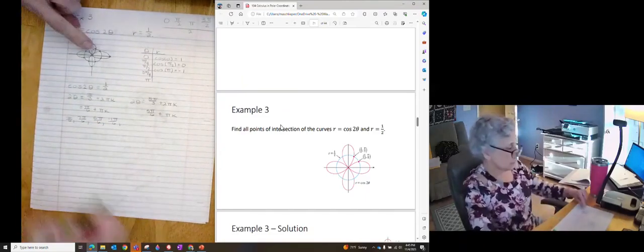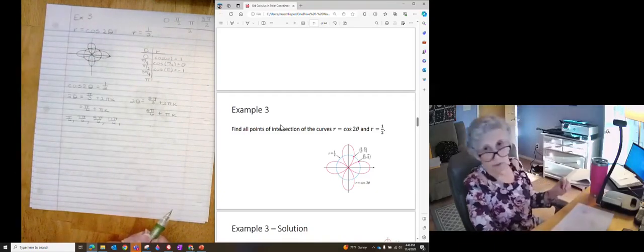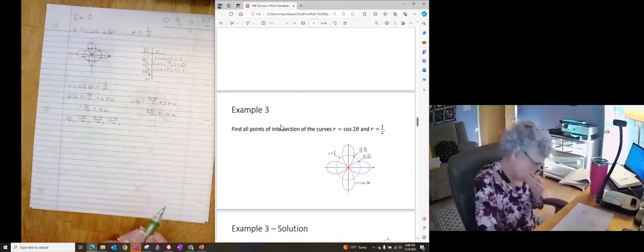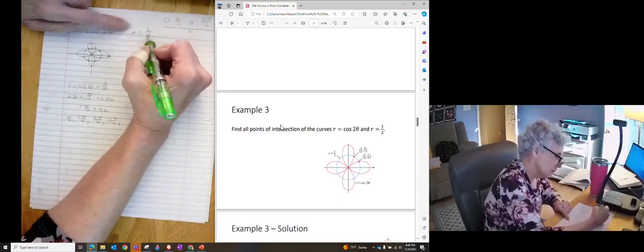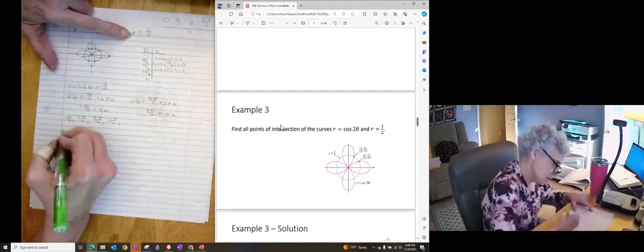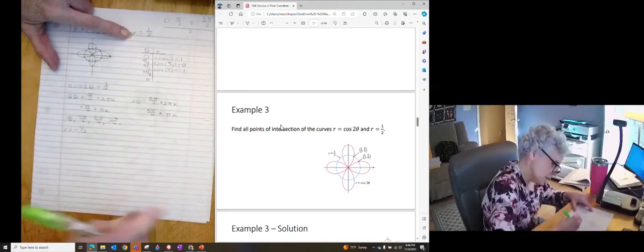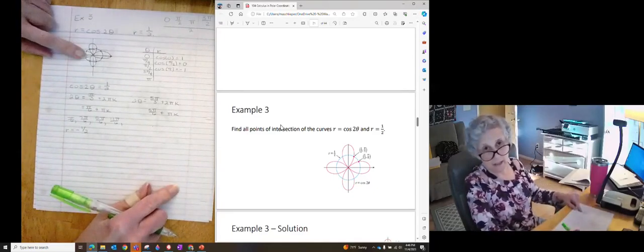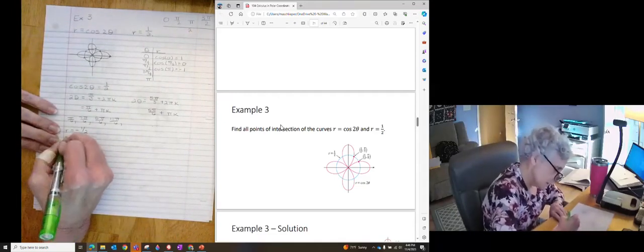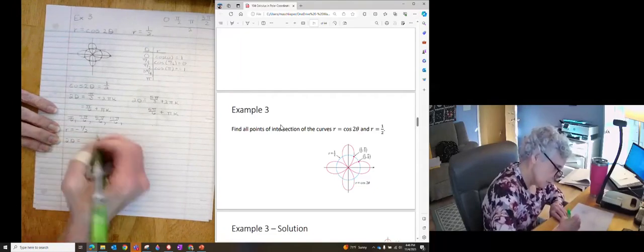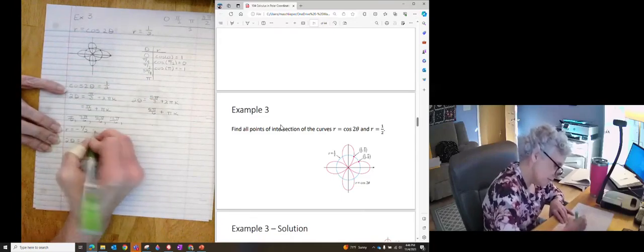So either you have to think about the symmetry. We found half of the answers. We could find the other half by looking at the other things that have 6 in the denominator. My other option is to realize that r equals negative 1/2 has the exact same graph as r equals 1/2. If I solved this, then I would get cosine of 2 theta is negative 1/2.